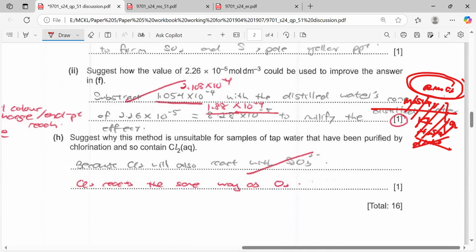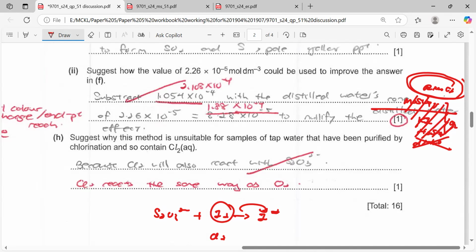So come to think of it, if sodium thiosulfate reacts with iodine, that means iodine is reduced to iodide. So if your chlorine is also inside your conical flask while you're doing titration, your sodium thiosulfate is also reacting with the iodine from the brown color, so it turns pale yellow.